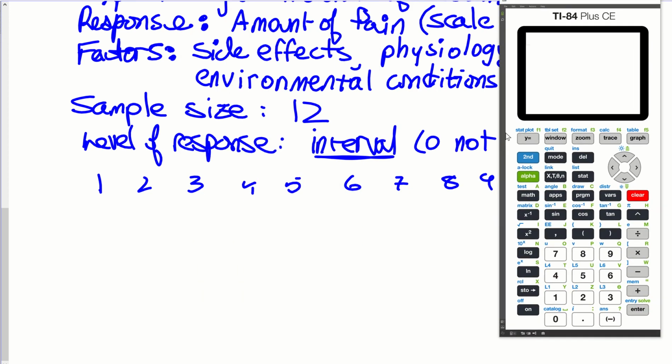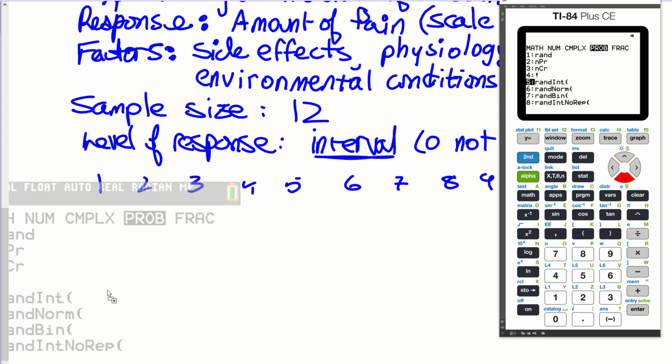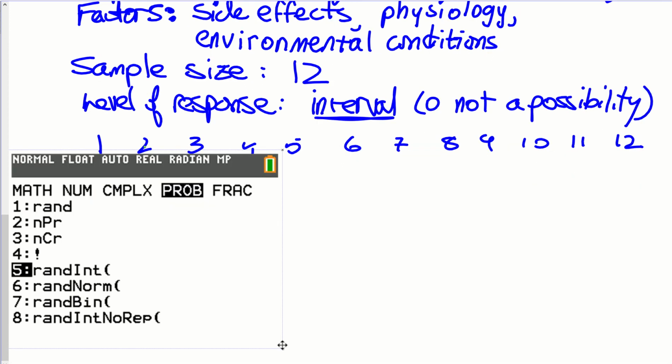So, just going back to the last unit: math, probability, random integer. So again, that's math, probability, random integer.